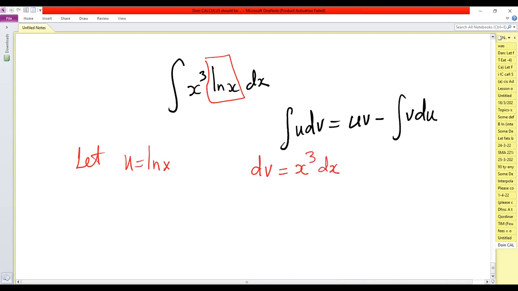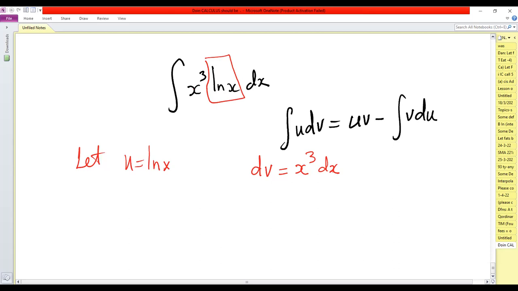Remember, what guides what becomes u and what you pick as dv: in most cases, when you pick u, you have to differentiate that function, and what you pick as dv, you have to integrate. So you see x cubed and ln of x, it is easier to integrate x power 3 than to integrate ln of x. So x cubed dx becomes the dv part.